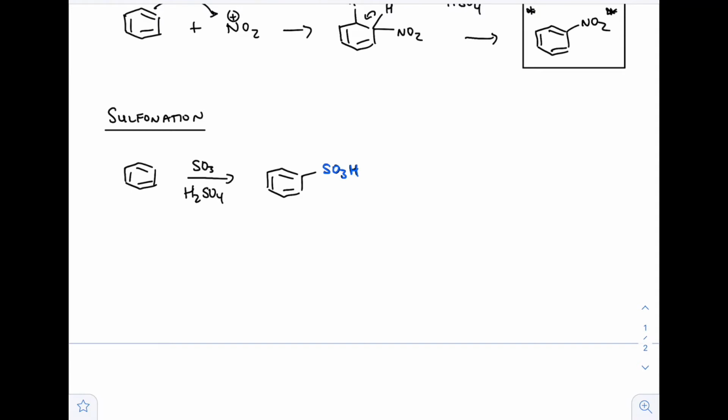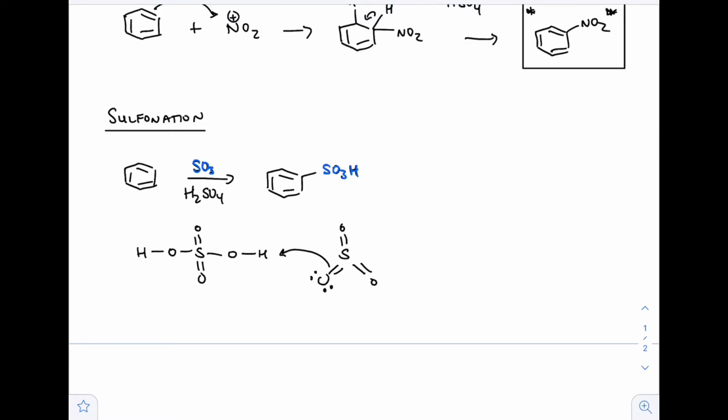So let's go ahead and label that guy in blue as well. So just like the HNO3 was protonated to get the NO2 electrophile, what can we do to the SO3 to get that positively charged or more susceptible to nucleophilic attack by the benzene ring? Well, we can also protonate that guy.